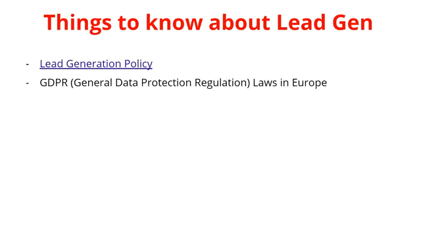GDPR, or General Data Protection Regulation laws in Europe, were updated last year, and everybody was afraid that this is the end of lead generation campaigns, but it didn't happen. The only thing that is critical here that you need to remember is not to collect all the data that you possibly can with Facebook while targeting Europe.